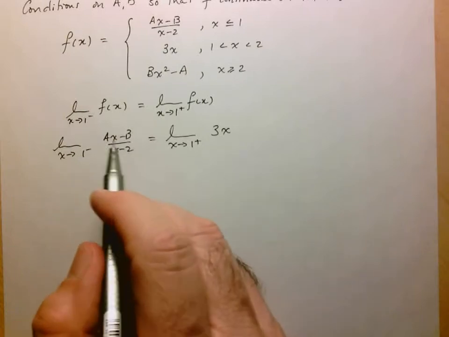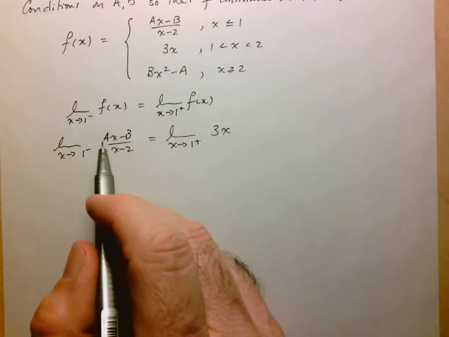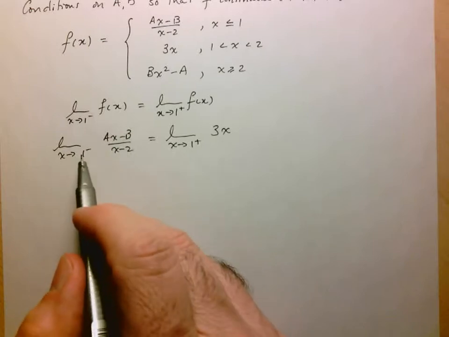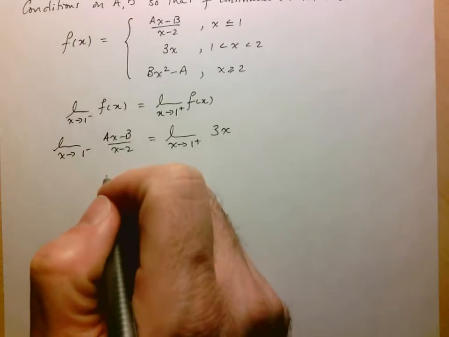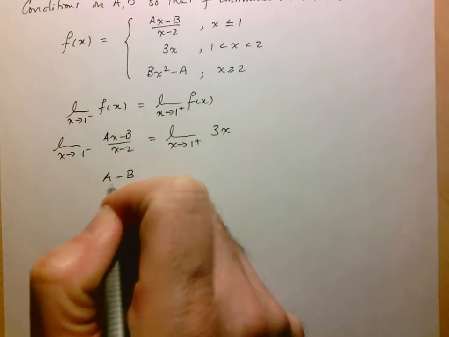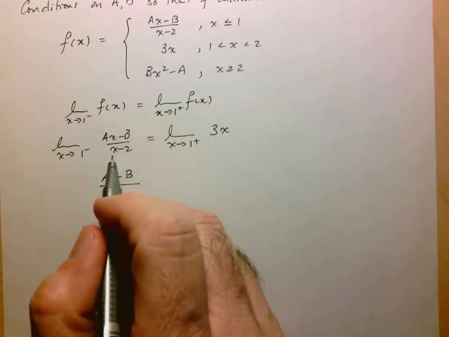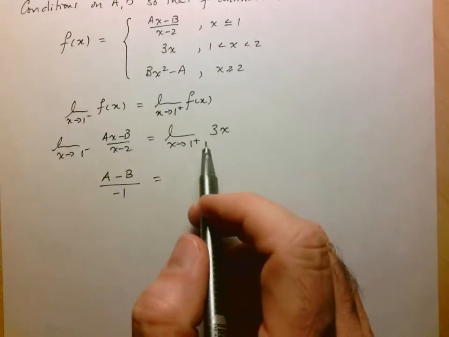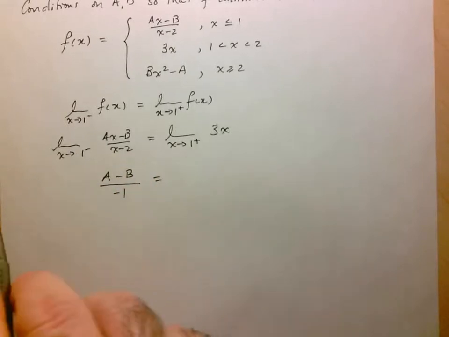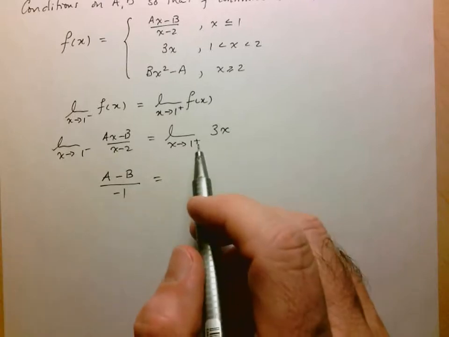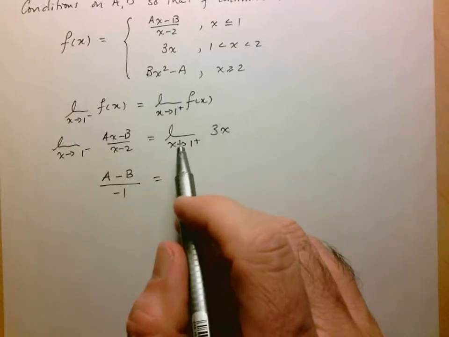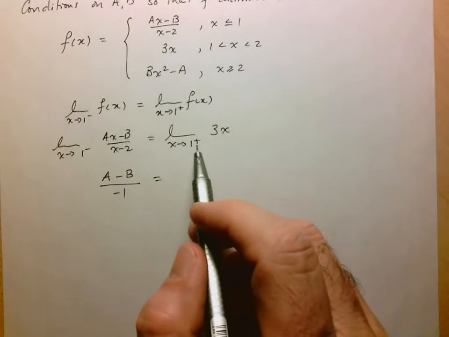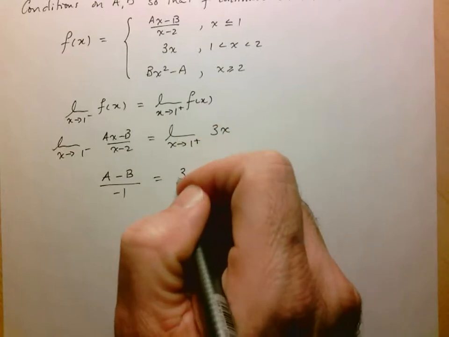So what does the top approach? ax minus b, well, as x gets closer to 1, this is just going to approach a minus b. And x minus 2 is just going to approach 1 minus 2, which is negative 1. On the right hand side we again have a nice function, just a polynomial, so we know that it has a limit everywhere. So the limit of 3x as x approaches 1 is just going to be 3 times 1, which is 3.